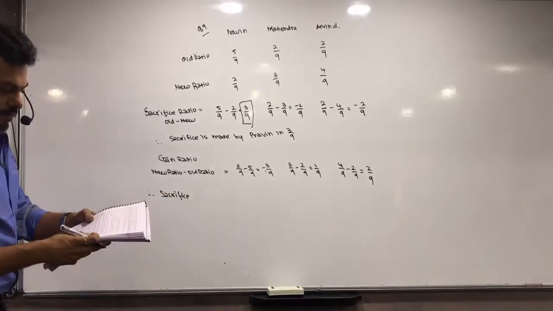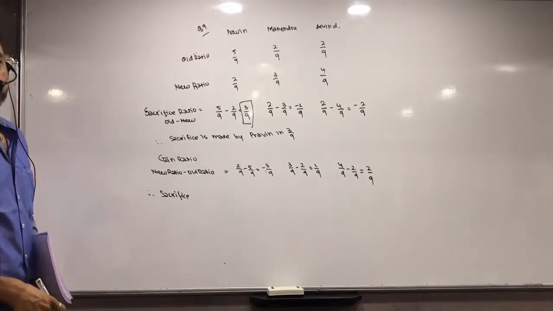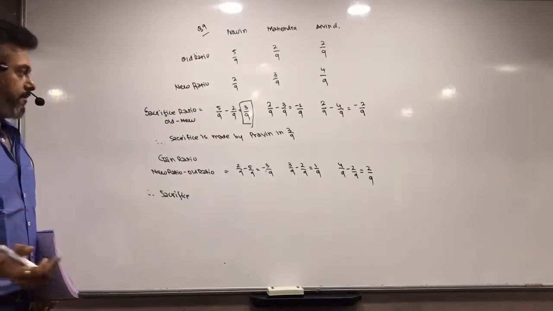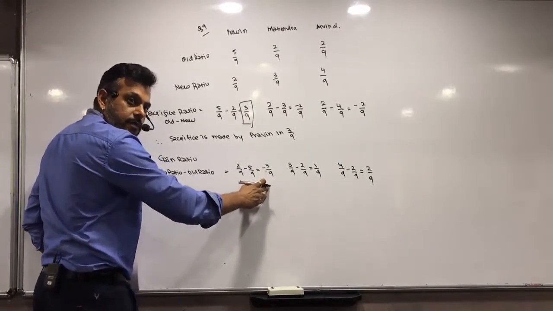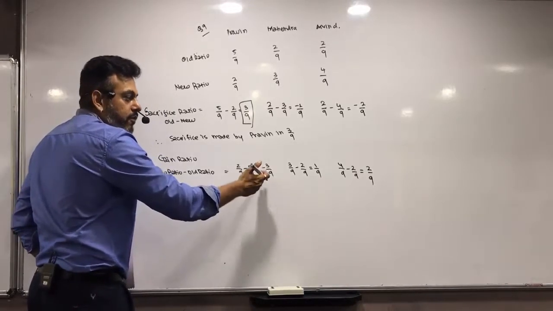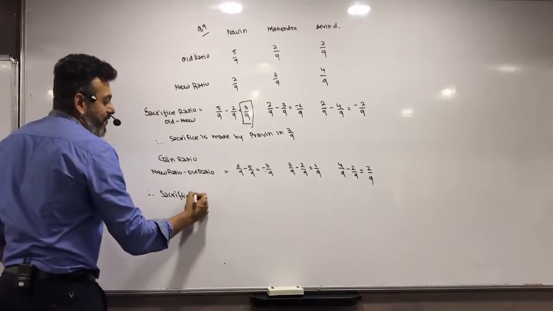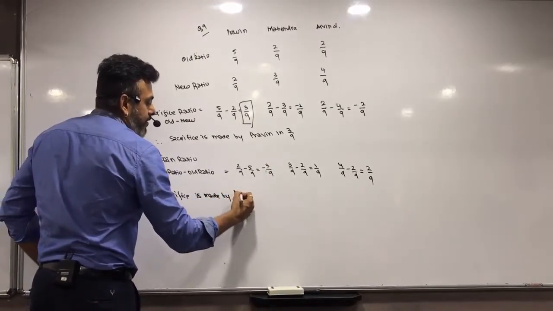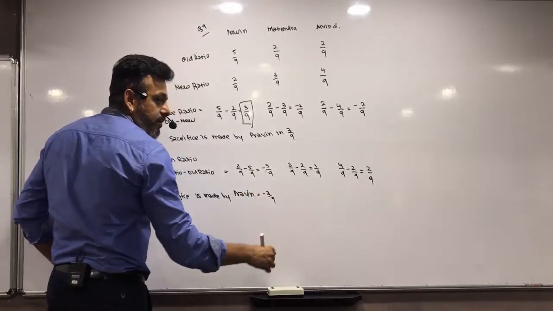It is asked to find out what sacrifice has been given by which partner. Using gain ratio also we have to find what sacrifice is given. So sacrifice is given by this partner only, right? Whichever formula you use, this poor partner is the one giving the sacrifice. So sacrifice is made by Praveen, which is minus 3/9.